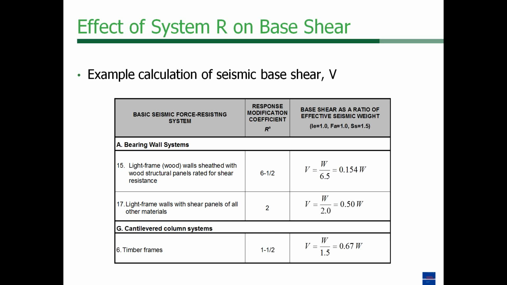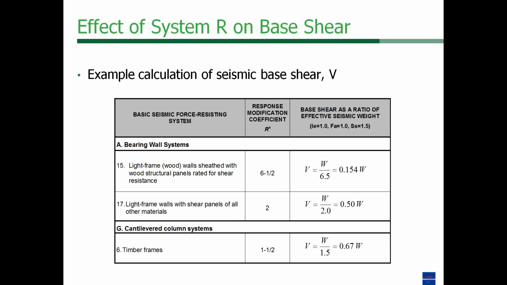So half the effective seismic weight acting laterally, and you can quickly see the comparison. If you're designing with an R2 system, you have almost 3 times the base shear requirements, which is quite high, and that impacts foundation designs and number of connections and other things.